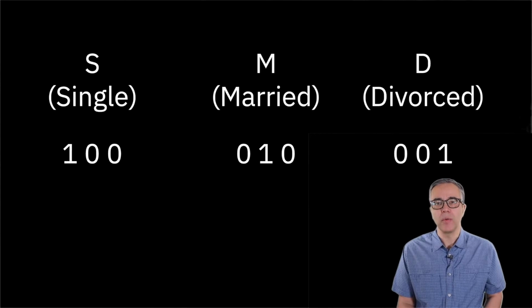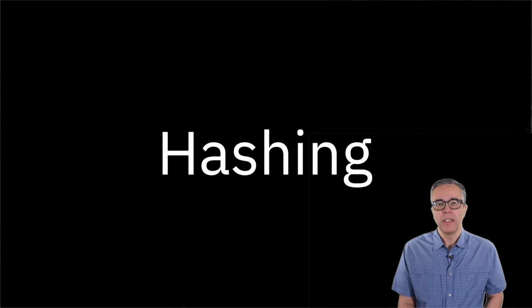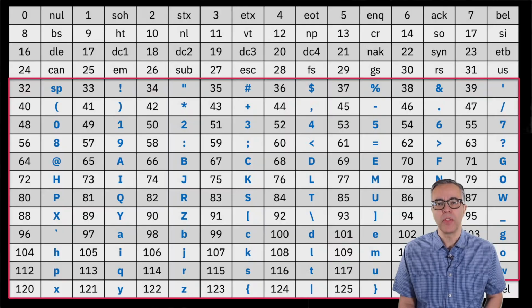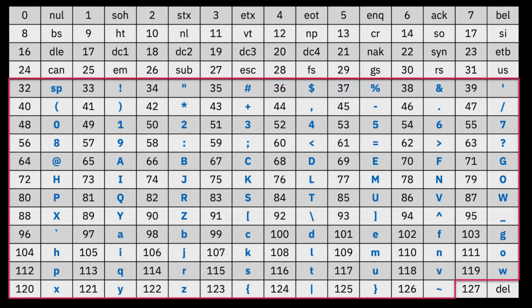What if you are dealing with words? In that case, you want to convert the words to numbers. A standard approach is called hashing. In English, printable characters are represented by a number between 32 and 126, as shown in the ASCII table here. A hashing algorithm may add up all the character values and take the remainder of the division by, let's say, 29,989.